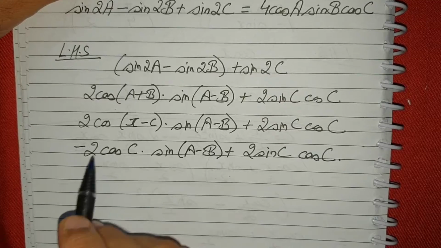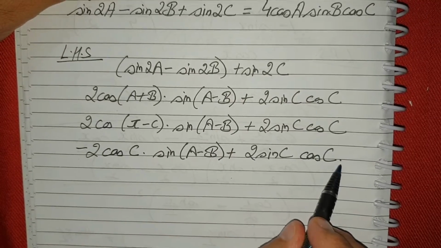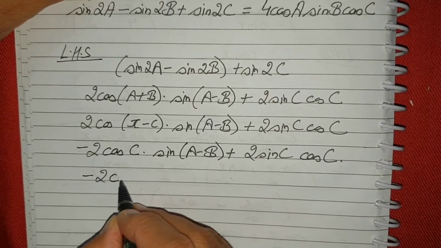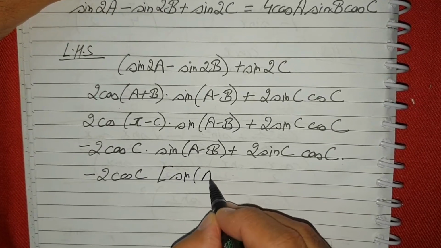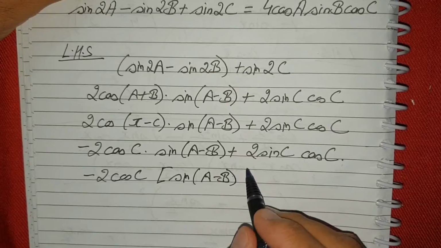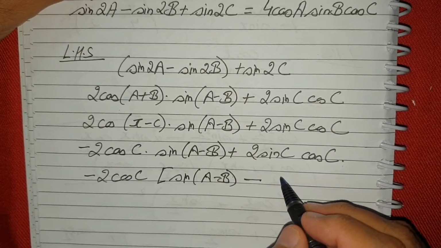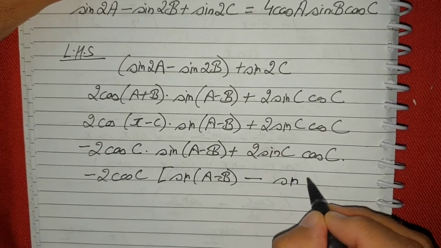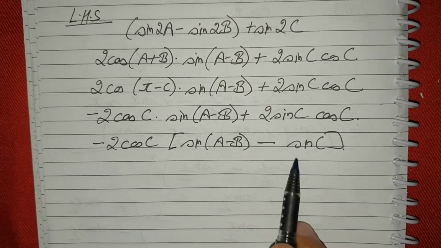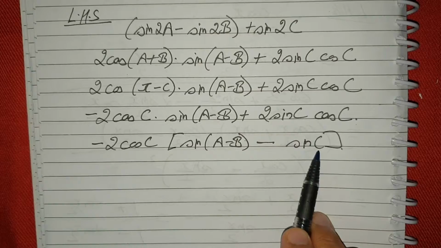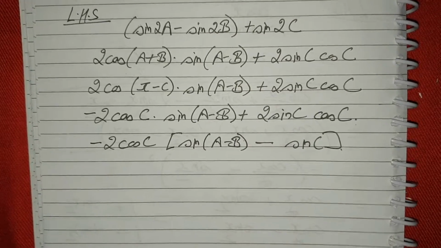Now you can take minus 2 cos C common from here. So taking minus 2 cos C common, this will be sine A minus B minus sine C. Now again, C can be written as pi minus (A plus B).